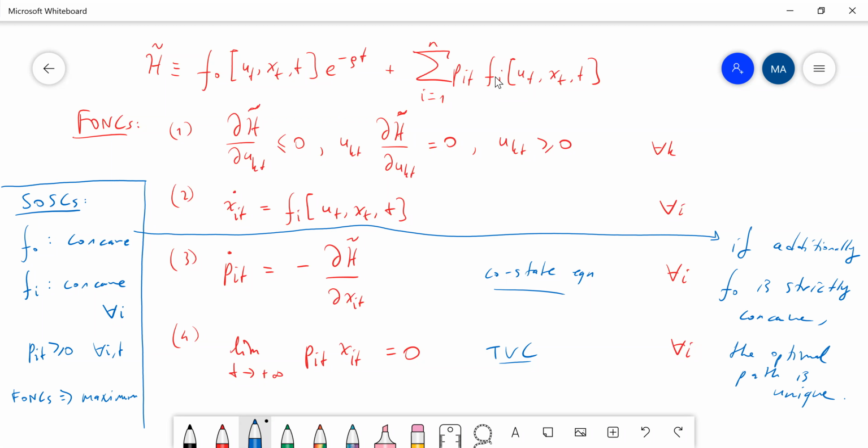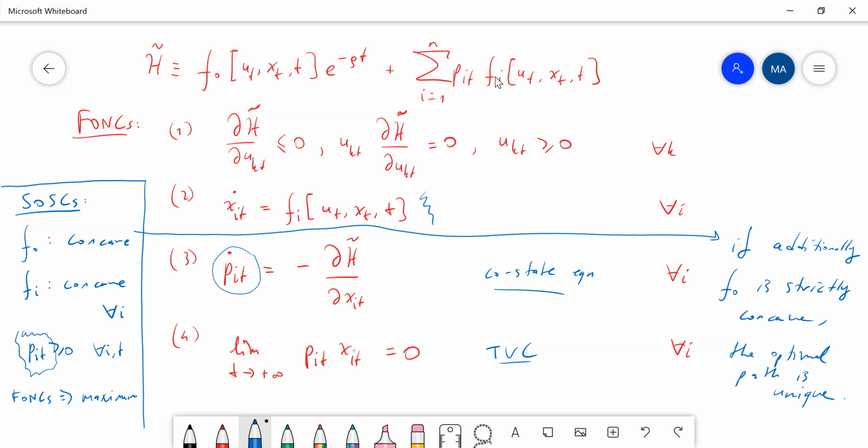So that's an additional condition. So if you want a unique path, we want the reward function F0, or generally a utility function, to be strictly concave, and then the constraint functions, the laws of motion, to be concave, and then pi_it remaining non-negative.